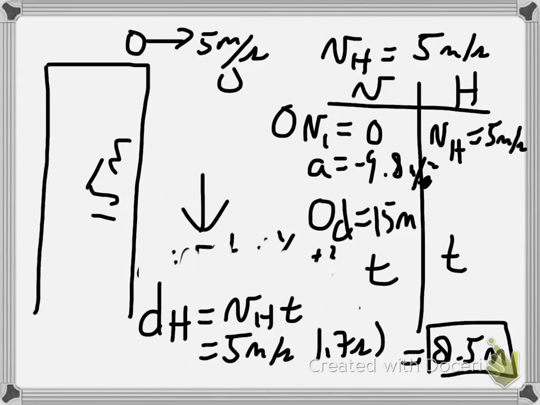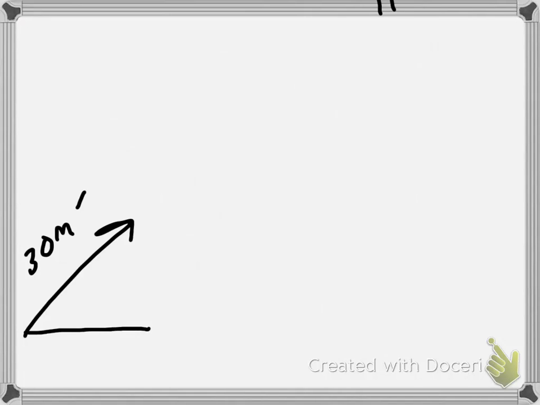All right. Now, the last type would be something launched at an angle. Let's say that we have a ball launched at 30 meters per second at an angle of, let's call this 50 degrees.